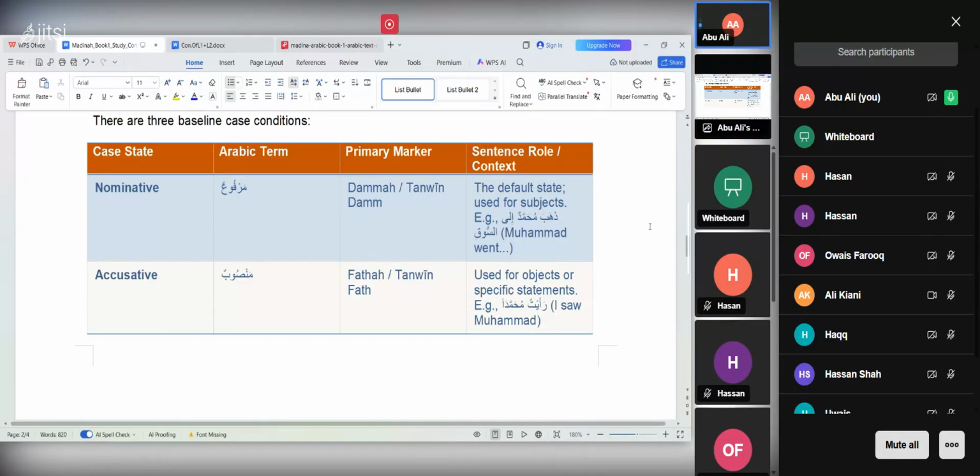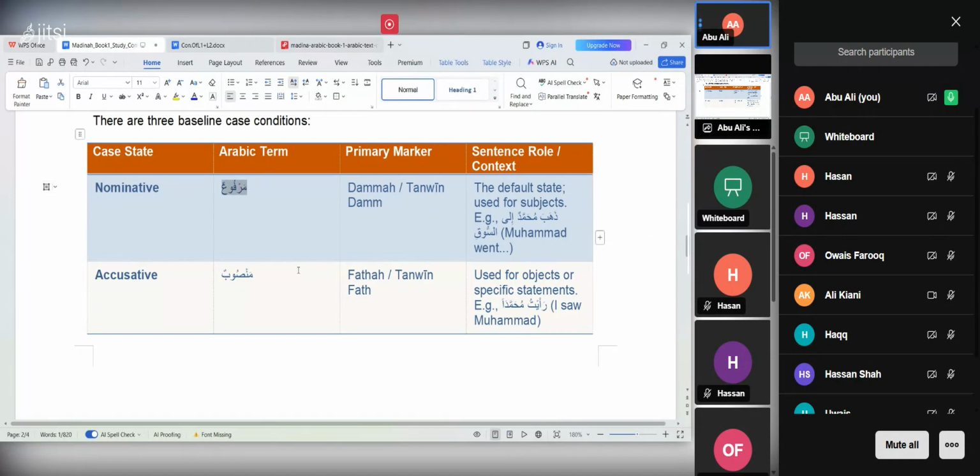Verbs accept dhamma, fatha, sukun, with exceptions, like when the sentence pauses and the noun is pronounced as if it ends with a sukun. Now, when the noun ends with a dhamma because of its function, we say it's marfu'. For example: dhahaba Muhammadun ila as-suq. Muhammad ends with a dhamma, so we say that Muhammad is marfu'.